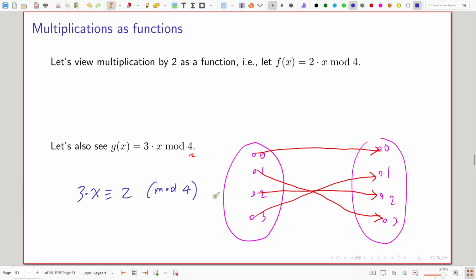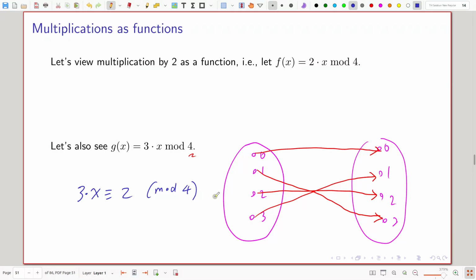Yes, you can find x because this graph has a really nice property. When you have this, typically you want to do divisions. But we actually don't want to do divisions. We just want to find x.